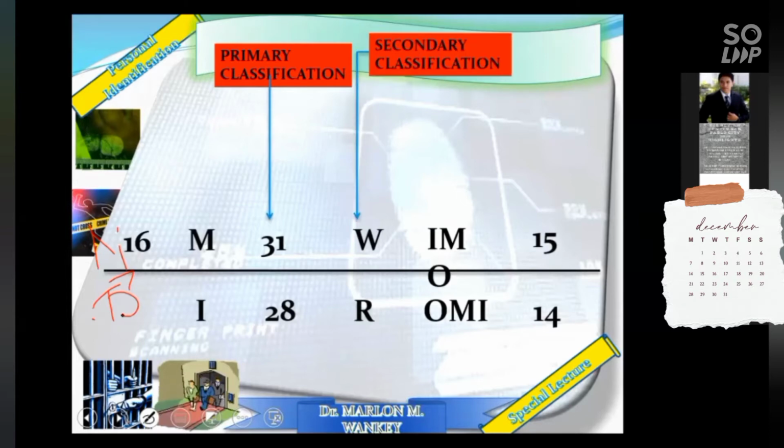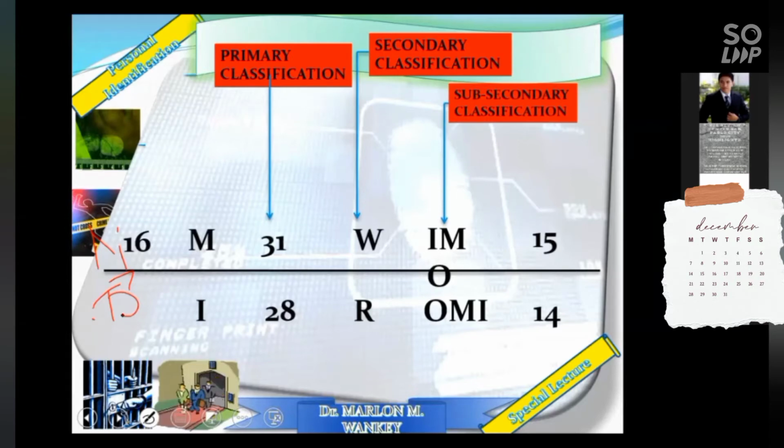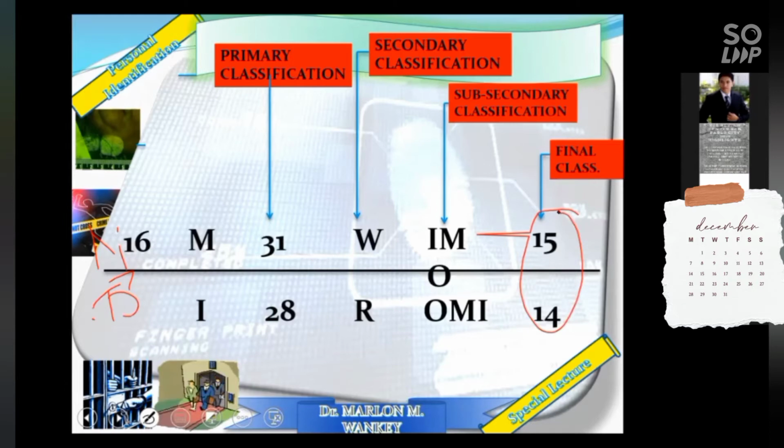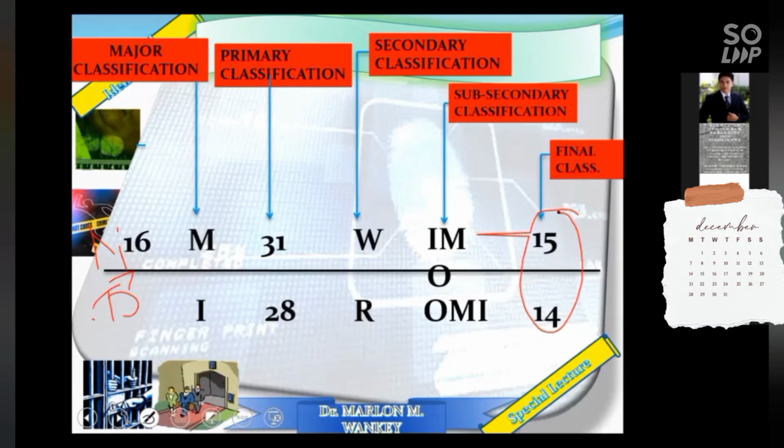After the secondary classification, it is followed by the sub-secondary classification, then followed by the final classification. That refers to both little fingers. And after the final classification, what is next? Yes, the next is the major classification and the last one is the key classification.